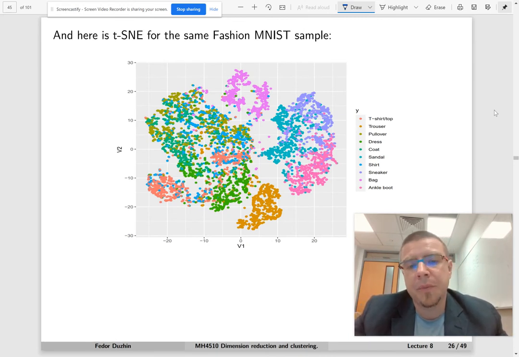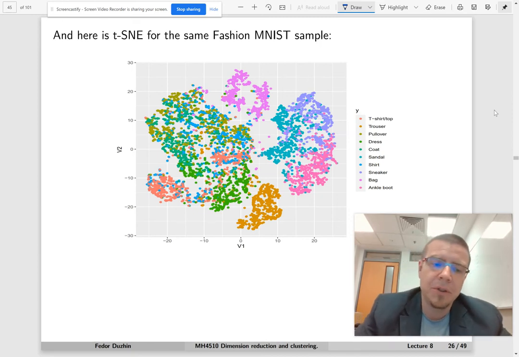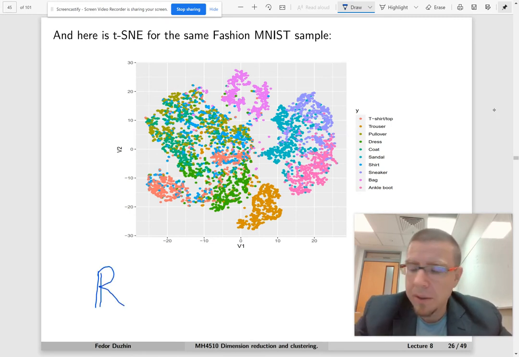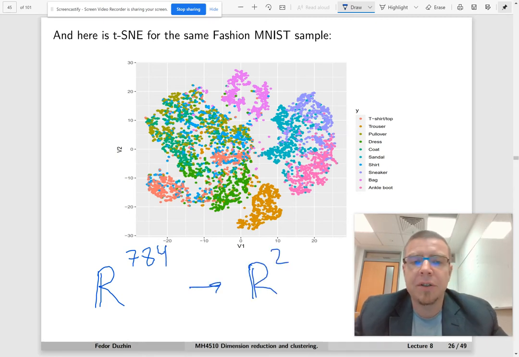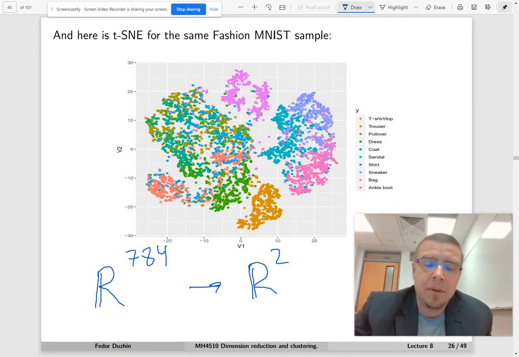I took the same data set and applied tSNE to it to reduce the dimension from 784 to 2. Right? So I constructed a transformation of my 784 dimensional set to a 2-dimensional set. And then I plotted the 2-dimensional set as a scatter plot, and I colored the points according to the type of the label.